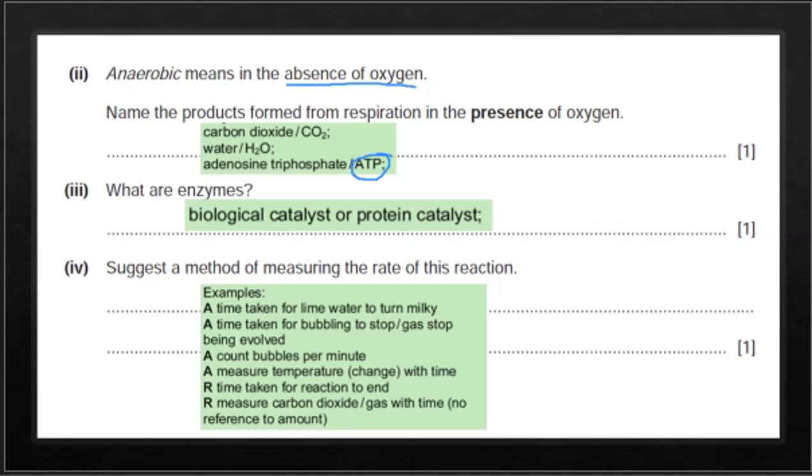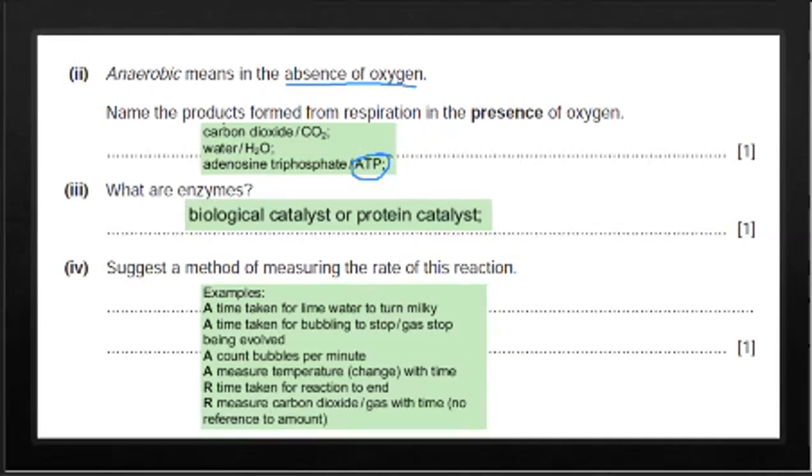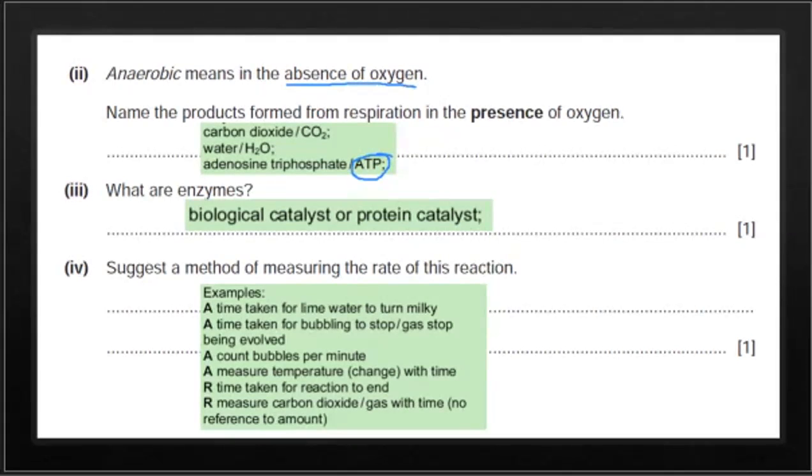And this is basically the chemical energy that our body produces, so that our cells can operate, they can move, the muscles can operate.